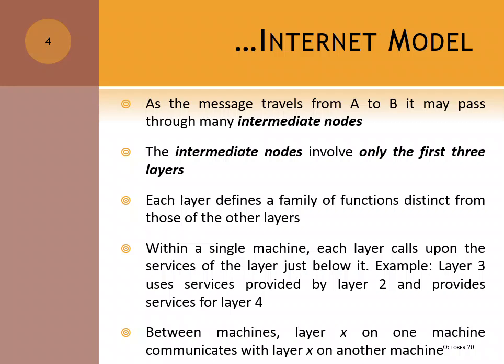Samalah juga dengan analogi bila kita hantar surat to a friend melalui post, surat tu akan melalui banyak pihak, post office, courier ataupun carrier agency, postman dan sebagainya. So analoginya lebih kurang sama dengan internet model. The intermediate nodes involve only the first 3 layers. Which are the first 3 layers?